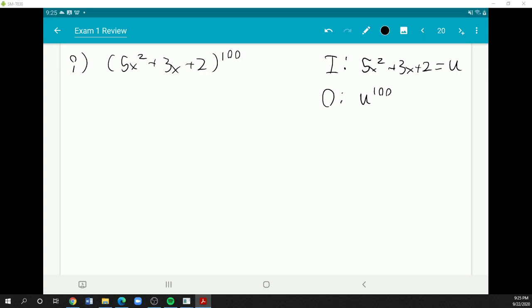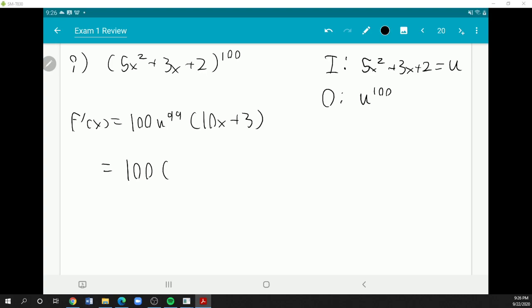So instead, we will use the chain rule. So f prime of x is, we move down the 100, we get 100 u to the 99 times the derivative of the inside, which is 10x plus 3.